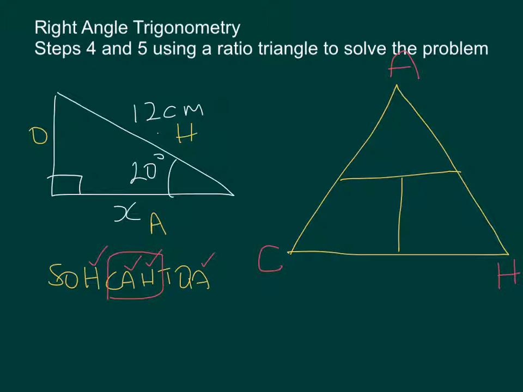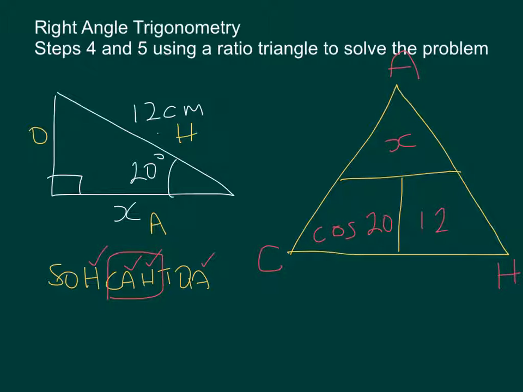So in the c part of the ratio triangle, I need to write the cos, because that's the function I'm using, and then the size of the angle, in which case it's 20 degrees. Then up in the adjacent section, we've got x, so I'm going to write x. And then down for the hypotenuse I've got 12. And so at this point, you've done step 4. You've filled out your ratio triangle.